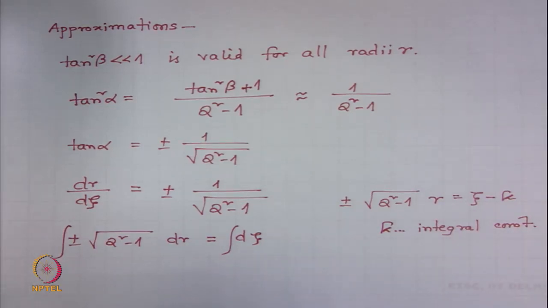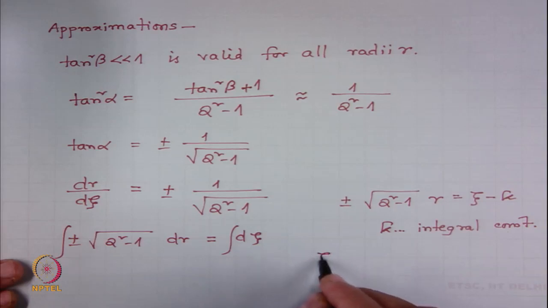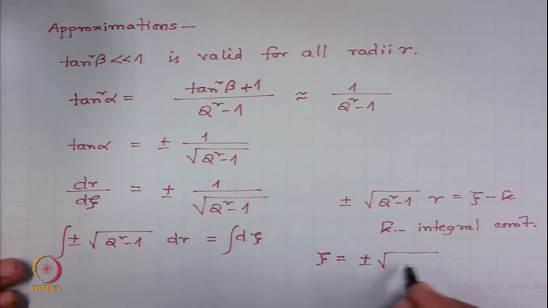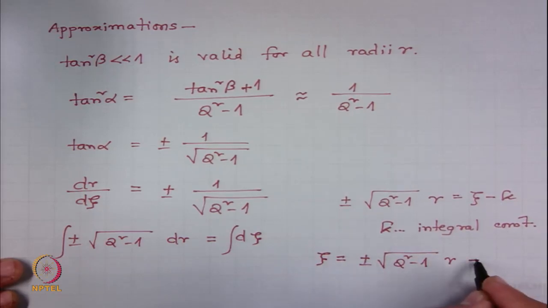So, zeta is equal to plus minus root over q square minus 1 into r plus k.